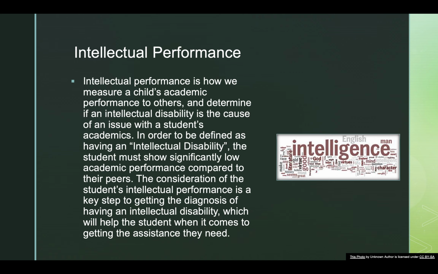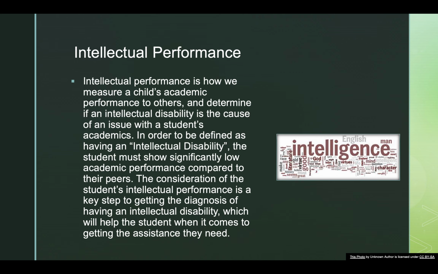So the first I want to go into detail with is the intellectual performance side of an intellectual disability diagnosis. So intellectual performance is how we measure a child's academic performance to others and determine if an intellectual disability is the cause of an issue with a student's academics. In order to be defined as having an intellectual disability, the student must show significantly low academic performance compared to their peers. And actually, when defined by IDEA, in order for a student to be defined as having an intellectual disability, they must show that they are at least 2 standard deviations away from the norm in all subject areas.